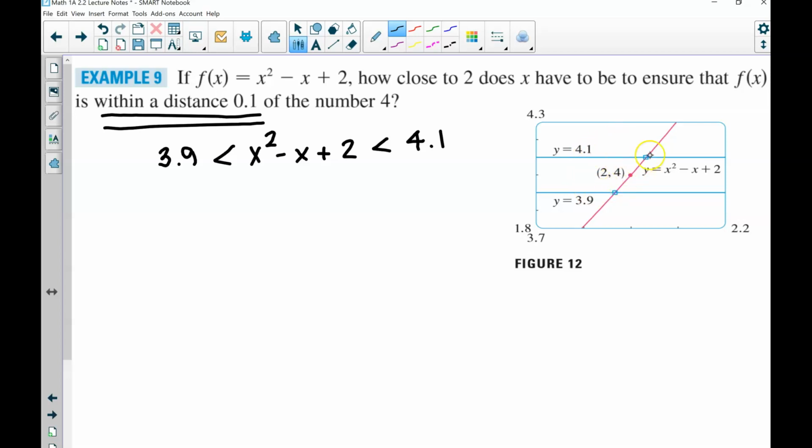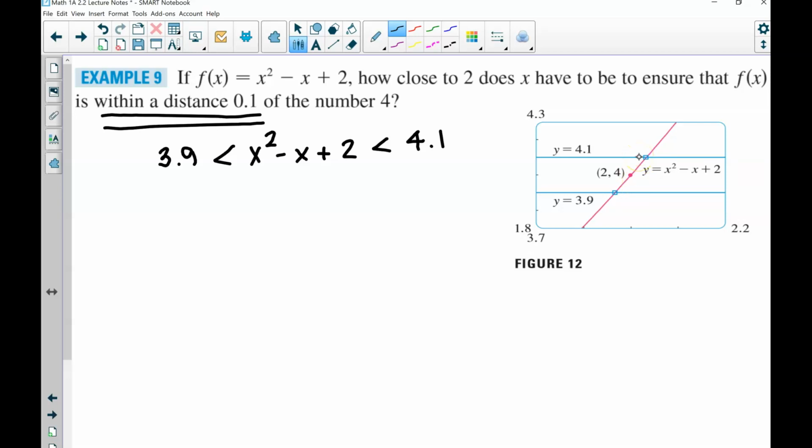Now we graph the curve and lines near the point 2, 4 in that figure. And then with the cursor, we can estimate that the x-coordinate of the point of intersection of the line y equals 3.9 and the curve y equals x squared minus x plus 2 is about 1.966.